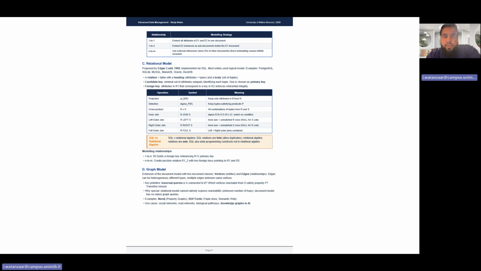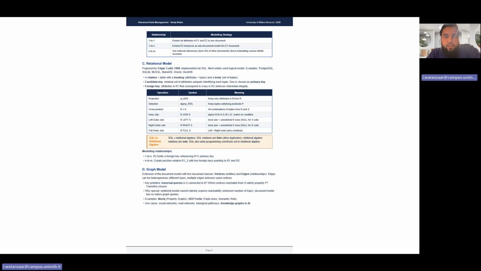As we saw in the conceptual model, the entity relationship diagram has its own relationship instances between two different entities.